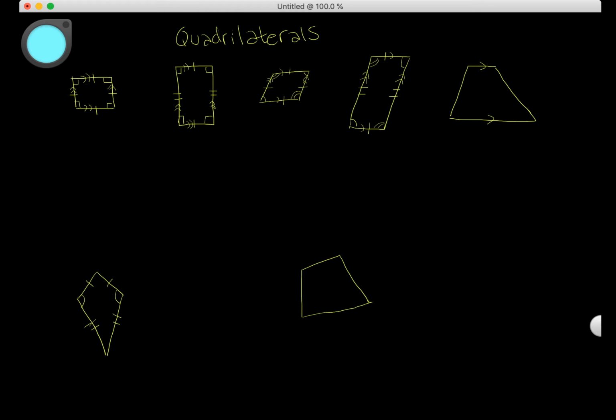Our first one, fairly obvious, is a square. A square is going to have 4 equal sides and 4 equal angles, 4 90-degree angles. You'll also notice that we have these 2 sets of parallel lines. These are marked as parallel, going horizontally, and also the vertical sides are marked as parallel. Next one is a rectangle.